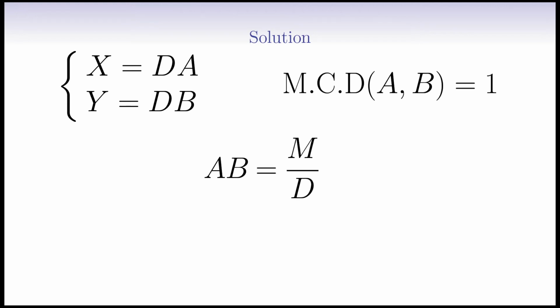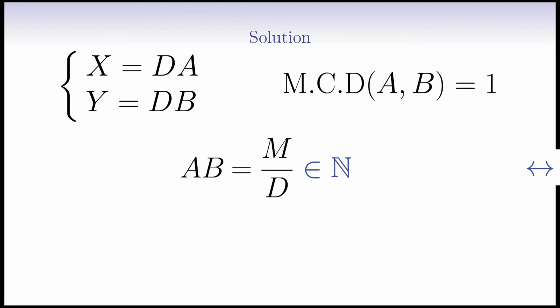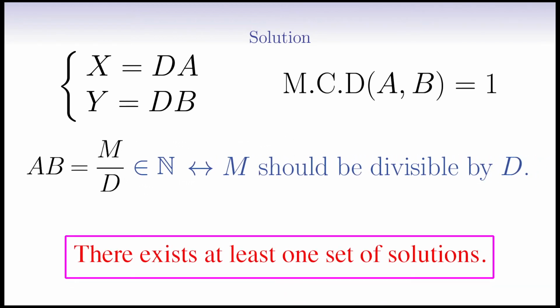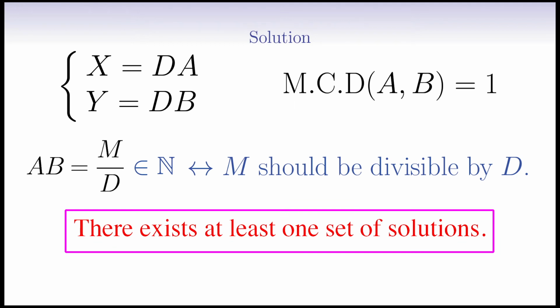We know that a and b are natural numbers. Then, the product of a and b must be a natural number. So, if there exist such numbers a and b, then m divided by d should be a natural number too. In other words, satisfying this condition, that is the divisibility of m by d, guarantees the existence of the numbers x and y.